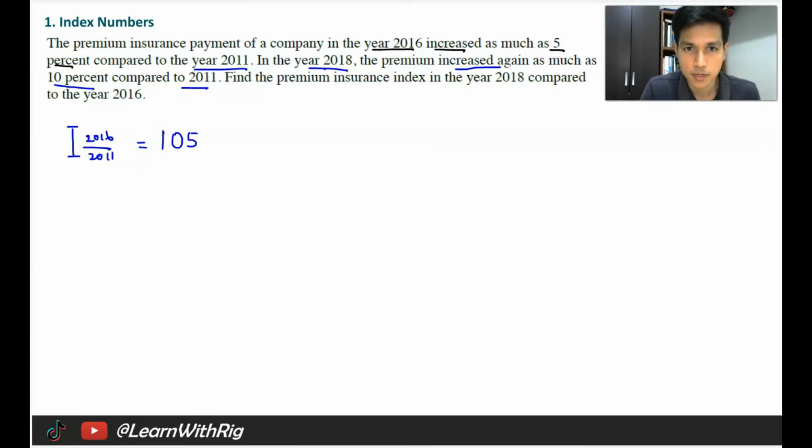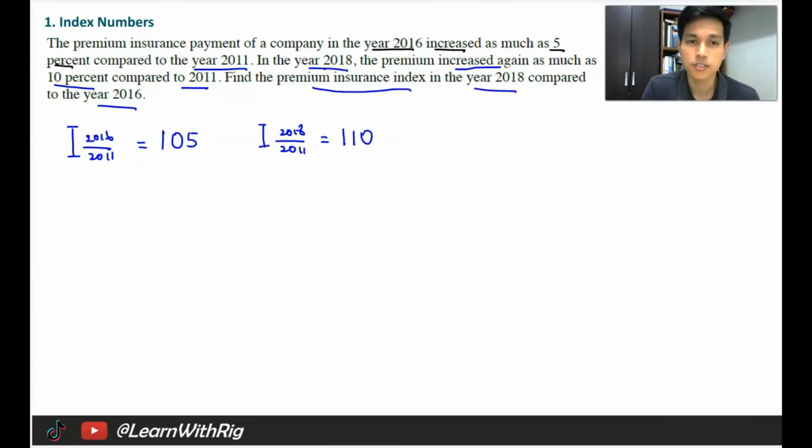So this is the index of 2018 based on 2011, and the amount is increased by 10%, so it's 110. Now they ask you to find the premium insurance index in the year 2018 compared to the year 2016.